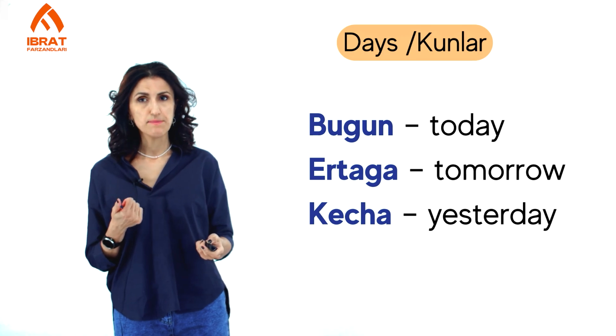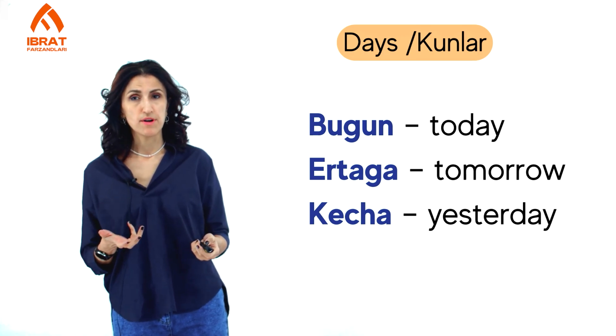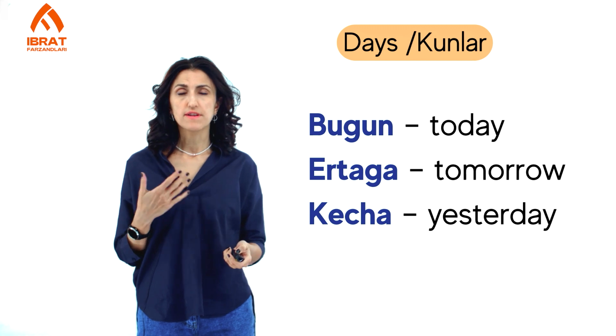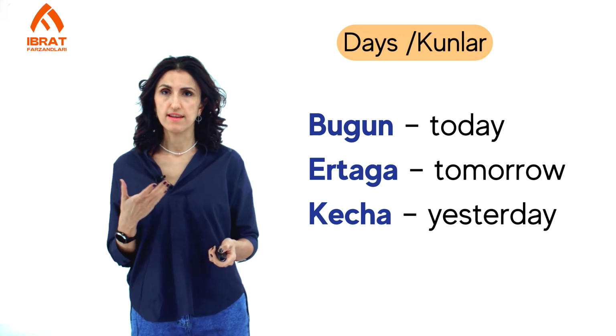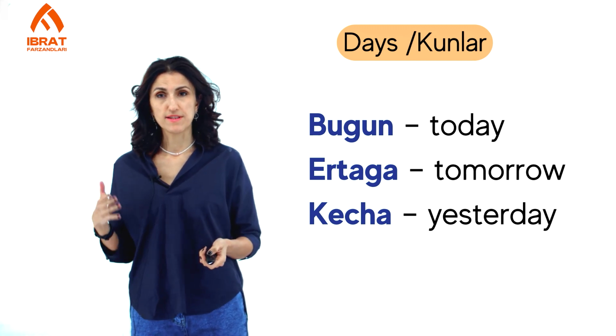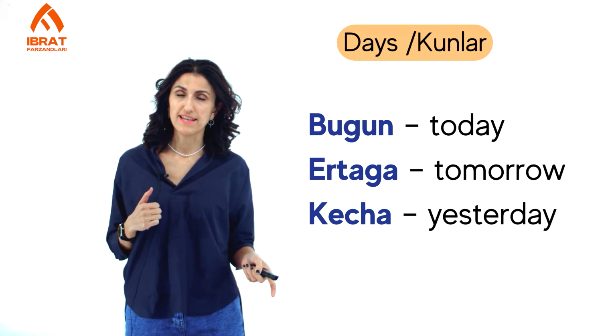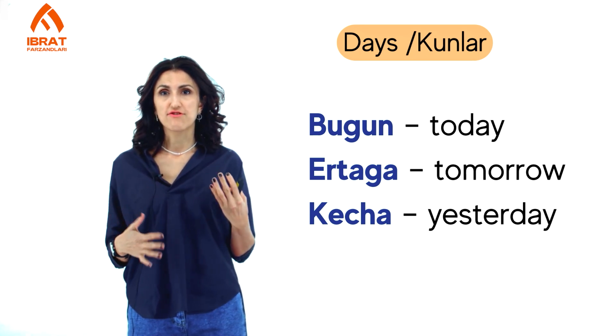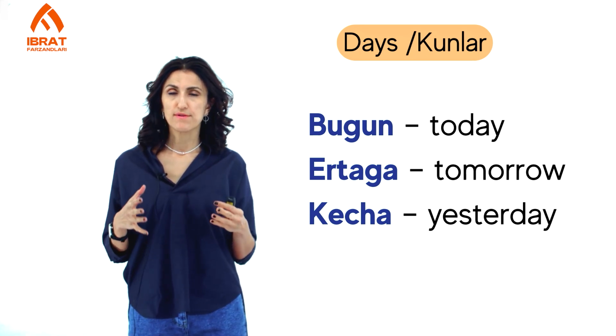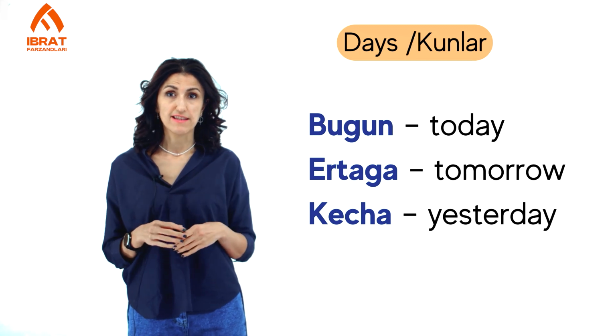Here's a little tip on how to remember these words. Every time we say today is this day, yesterday was that day, tomorrow will be that day, we are actually using the days of the week in our daily life.